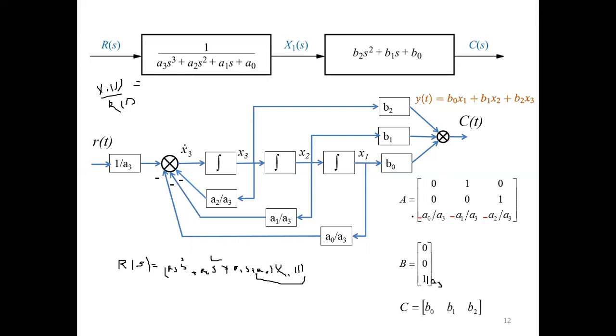Because we have three state variables, x dot is equal to Ax plus Bu.